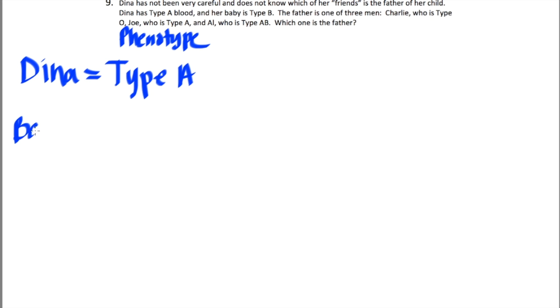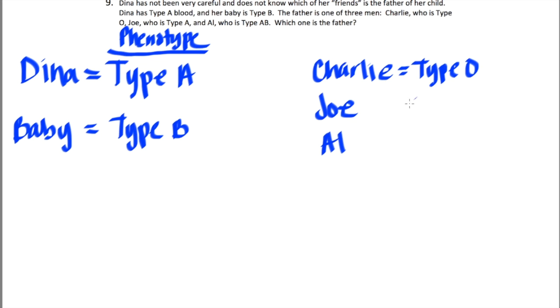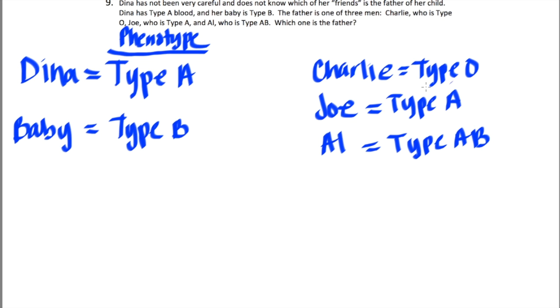And that the baby is type B. Now, of the men, we have Charlie, Joe, and Al, right? So we know that Charlie's type O, Joe is type A, and Al is type AB. All right, so that's their phenotypes.